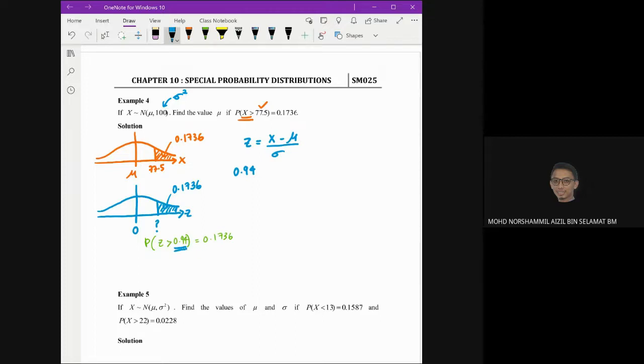Boleh, sir. Equals to, what is your X? 77.5. Minus mu, which is the one that we want to obtain, so keep it as mu, divided by sigma, which is 10. Right, betul tak? Boleh?